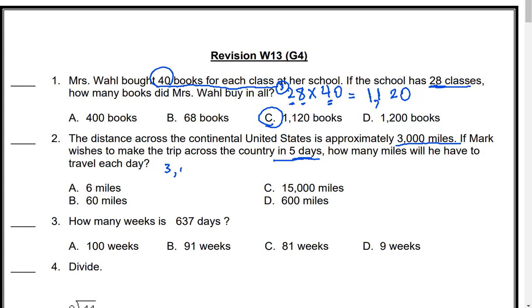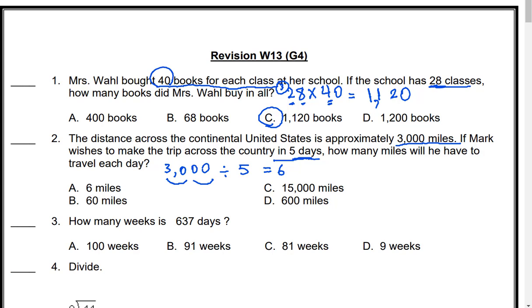So 3,000 divided by 5. Go ahead, my hero. 30. Yes, we will take the 30, then add the 2 extra zeros. 30 divided by 5 equals 6.